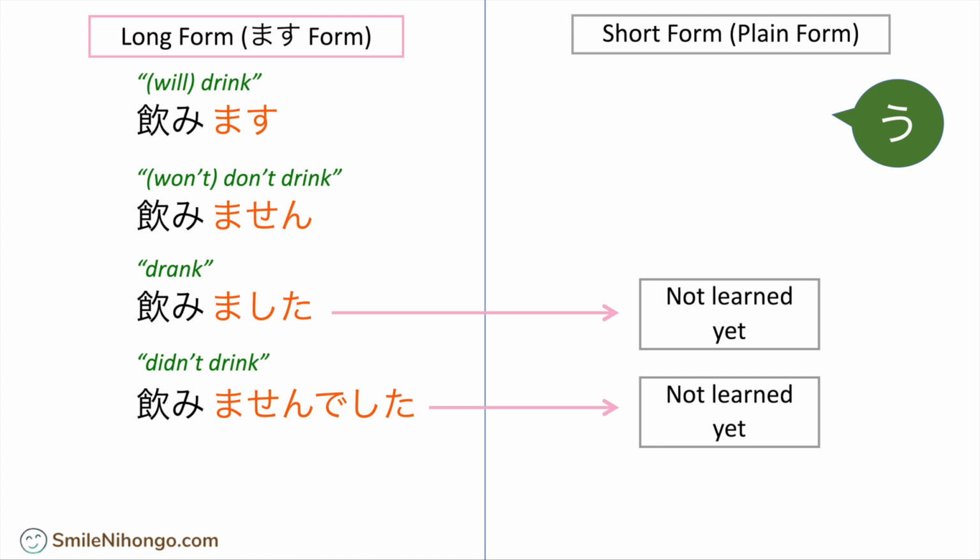So now you know how to conjugate a u verb like 飲みます in plain form, right? How do you say 飲みます and 飲みません in plain form?